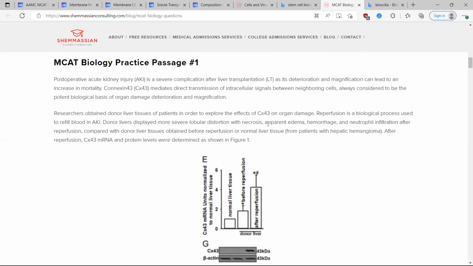I want everybody to open up that link and go to biology passage number 1 and give it your best shot. If you have any questions while you're reading, you can ask me. Then we'll go through it together, and hopefully we'll answer some questions, and this will be good practice for a bio passage. Anybody have any questions?